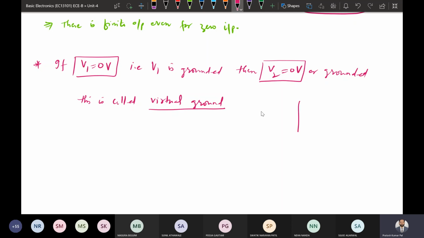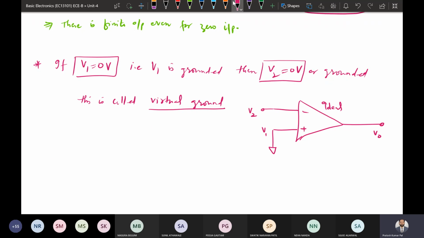If it is virtual ground, suppose we have two different inputs: one input is connected to 0, this is positive and this is negative, this is V1 and this is V2, and this is your output, and here it is written that the operational amplifier is an ideal one.